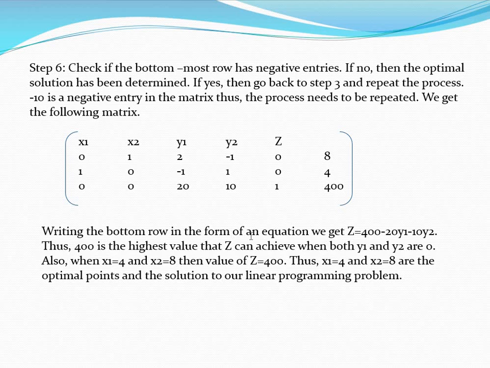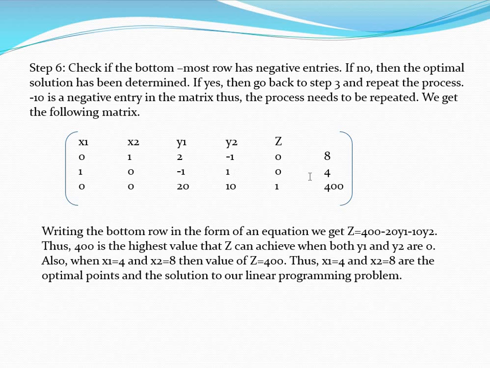So writing down the row in the form of an equation, that will be z is equal to 400 minus 20y1 minus 20y2. Thus 400 is the highest value that z can achieve when both y1 and y2 are 0, also when x1 is equal to 4 and x2 is equal to 8.